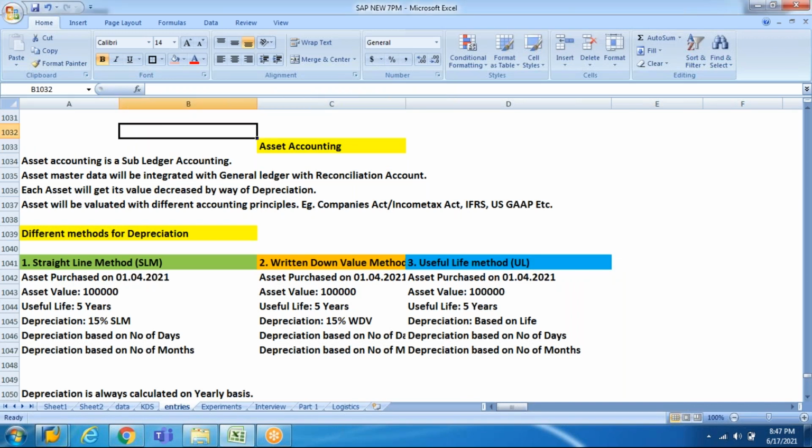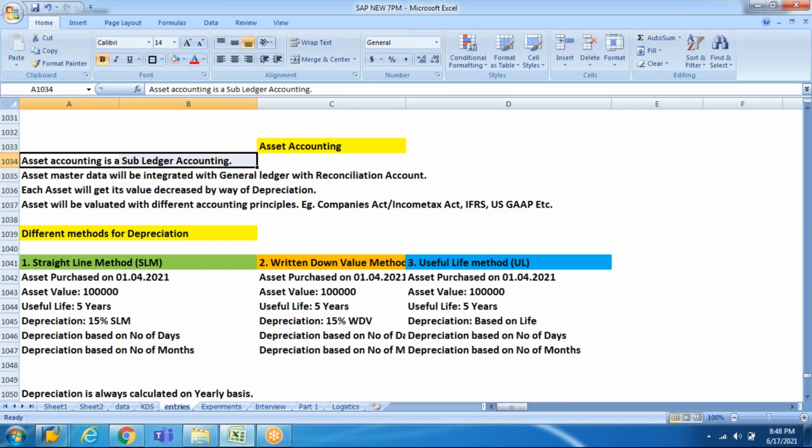So we started discussing asset accounting, and we noted down that asset accounting is a subledger accounting. This we did not discuss in detail because we are yet to configure in SAP. When we start SAP, we will elaborate all these things. As of now, remember, asset accounting is a subledger accounting. Asset master data will be integrated with the general ledger with a reconciliation account.